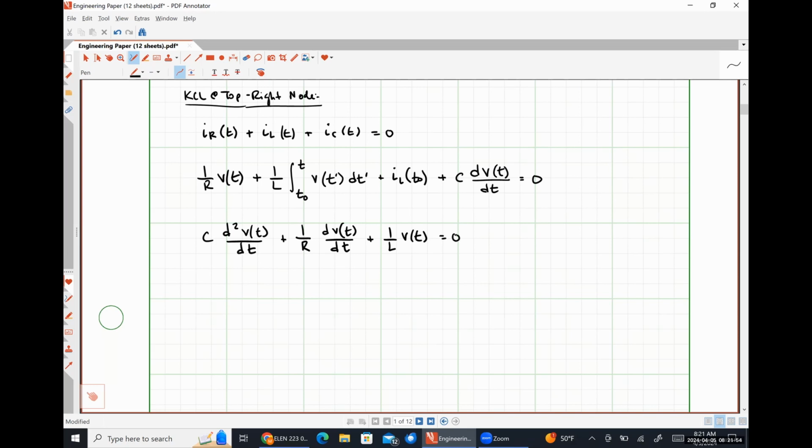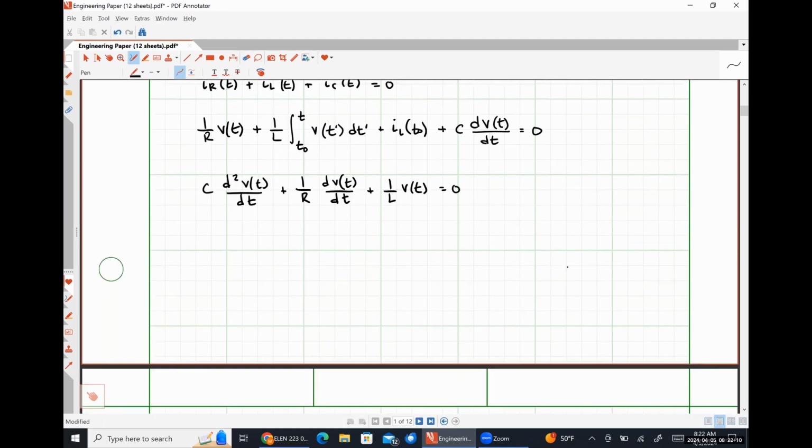And the reasons for this will be more obvious actually in a couple of days. I'm going to divide both sides through by C so that the coefficient on my second derivative term is simply 1, okay?